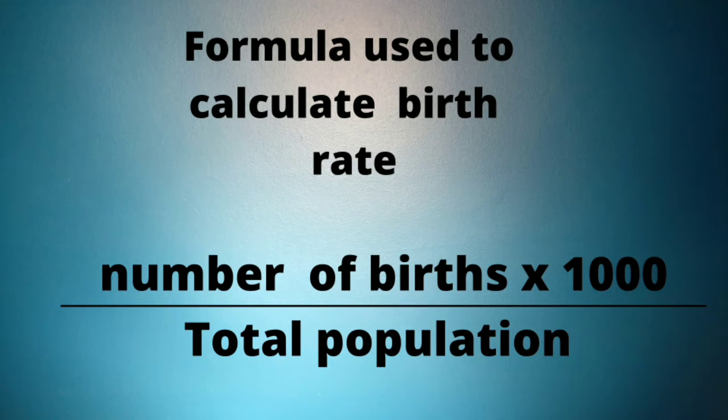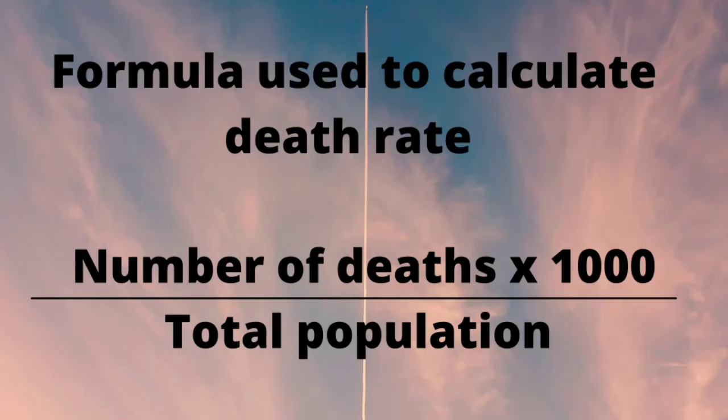Because remember, it is calculated out of every 1,000 persons. So number of births times 1,000 divided by the total population. Right? While the formula for death rate is similar: number of deaths times 1,000 divided by total population.